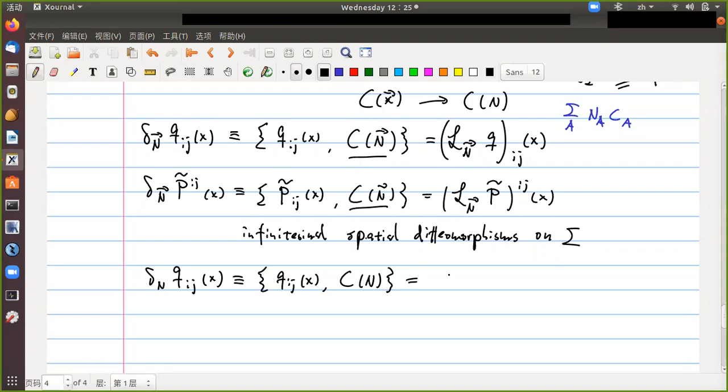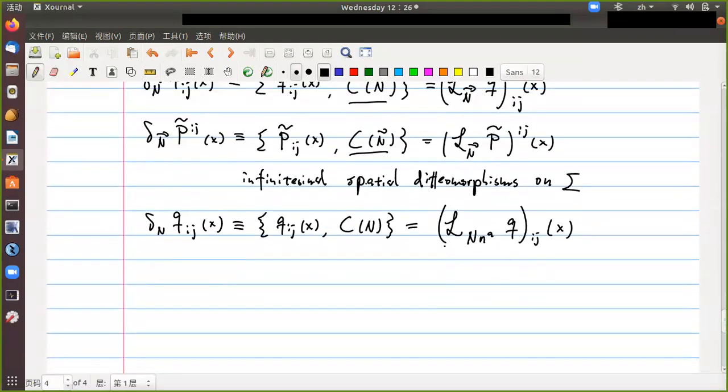What you get in the end is a normal Lie derivative with respect to n of q. Again, this is an infinitesimal diffeomorphism, but along the time direction, let's say the normal direction.